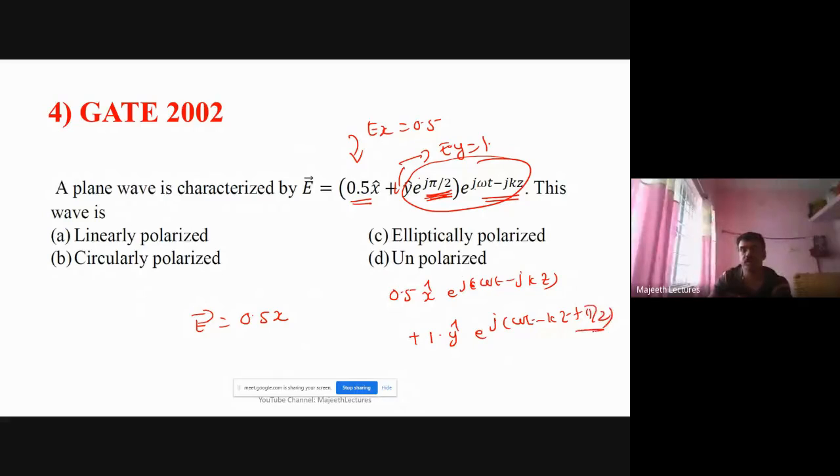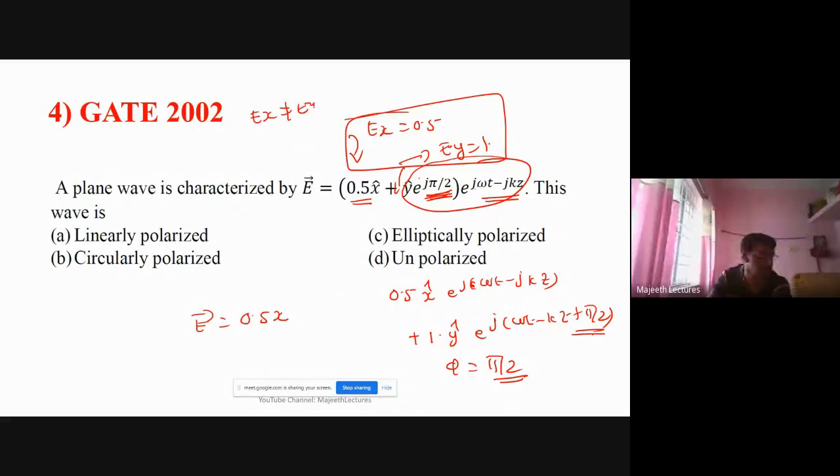So the phase difference is 90 degree. Phi 90 degree means it should be either ellipse or circular. But Ex is not equal to Ey, so it is elliptically polarized.